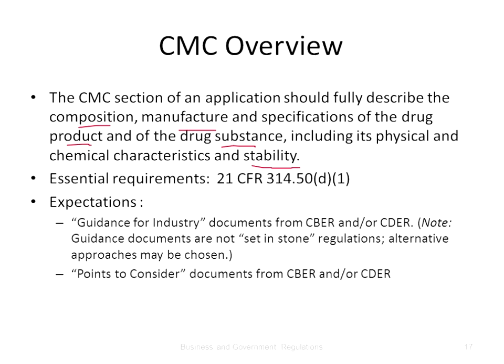Now, the requirements have been specified in 21 CFR 314. You can Google that, and you will be able to find the details of the requirements for CMC. So basically, just Google 21 CFR 314.